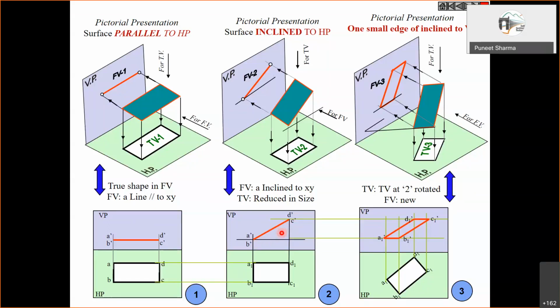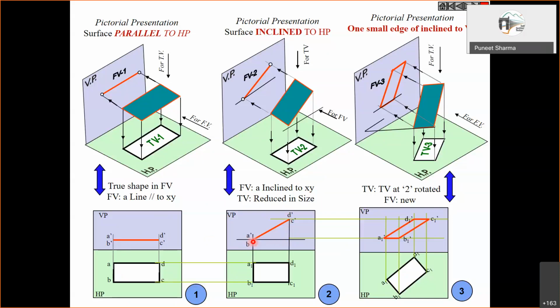One more thing is noteworthy here: when we are doing this, we need not change the position of this A dash B dash, right? That is the point view of this shorter edge, which we intend to keep parallel to the horizontal plane in the final view. So this need not be changed. The rest of the line will be drawn at a separate inclination.